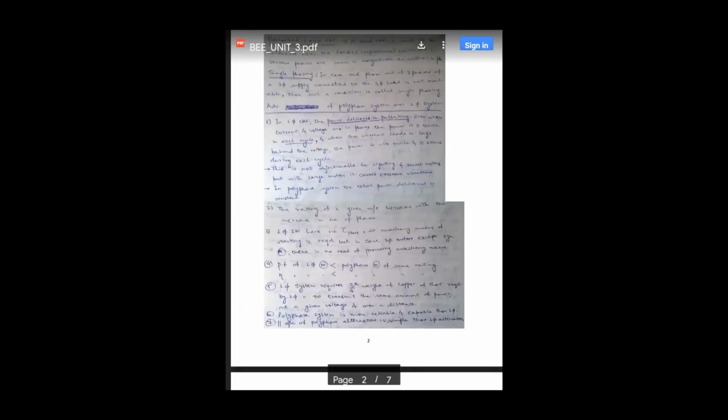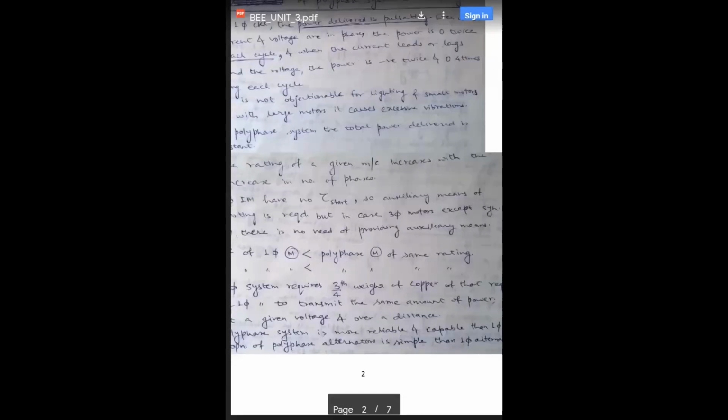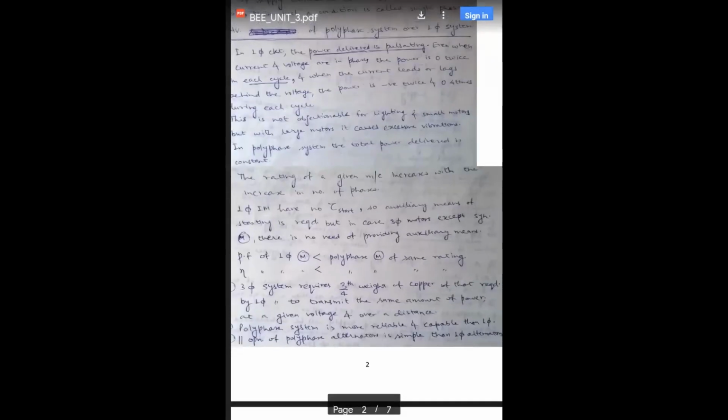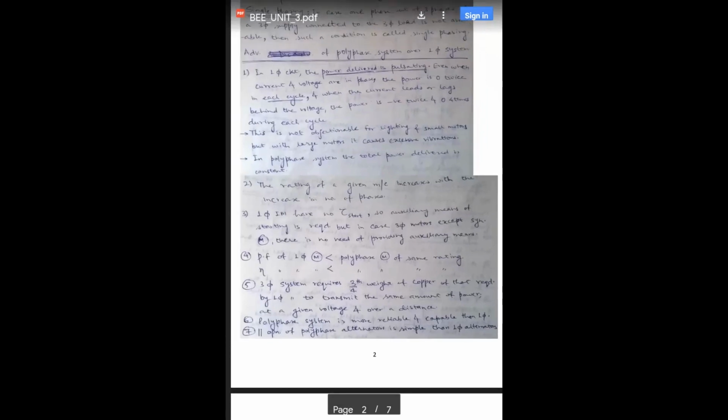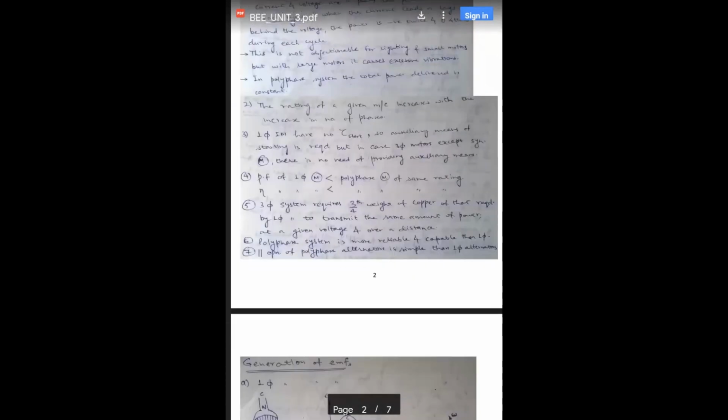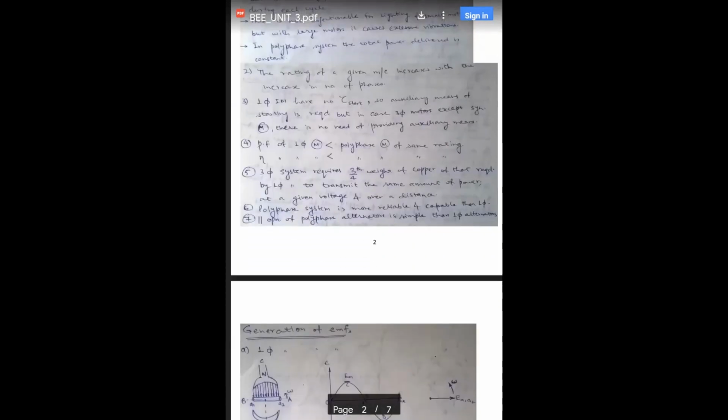The rating of the given machine increases with the increase in number of phases. So which means that if we are using a three phase system, three phase load, it can have a higher rating. And single phase induction motor, make a note of the short form which is used here, IM.